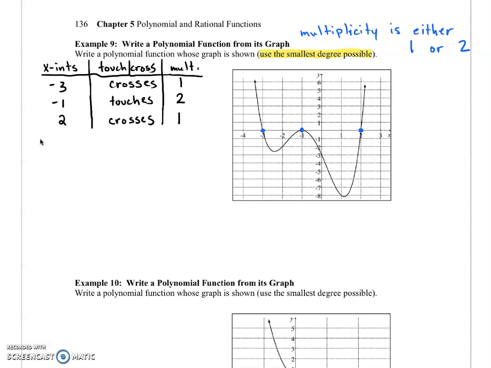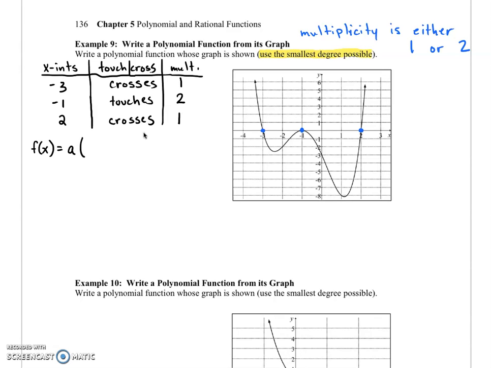Now we can use that information to write our function. So our function is f of x equals a, and we'll talk about a in just a minute. That's just going to be a vertical stretch or compression, and we're going to have to figure that out.